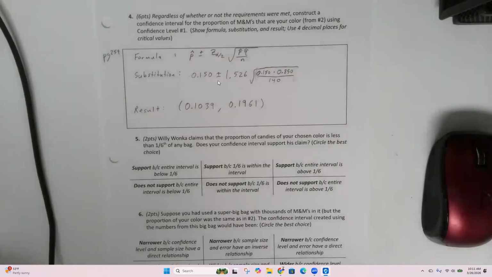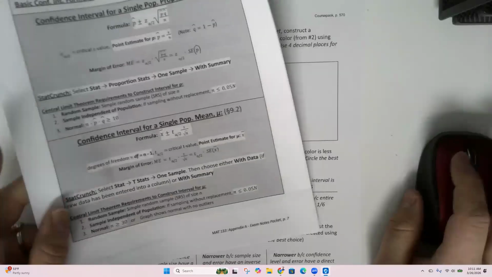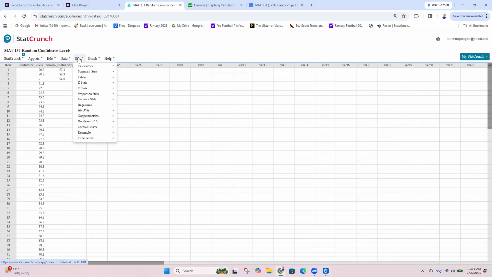Instead, I'm going to use Stat, Proportion Stats, One Sample with Summary. So this is how that will look.